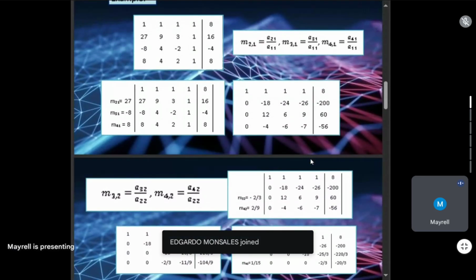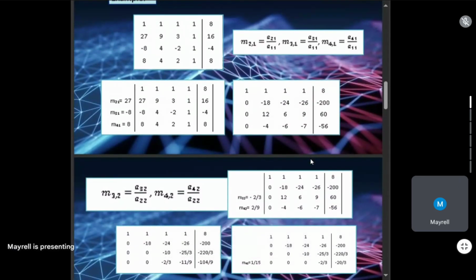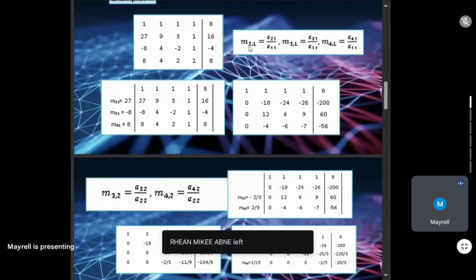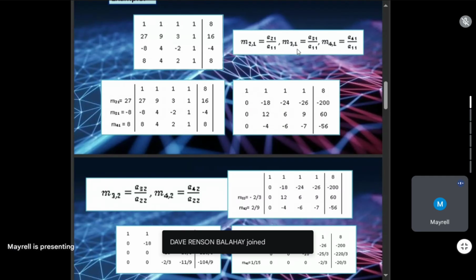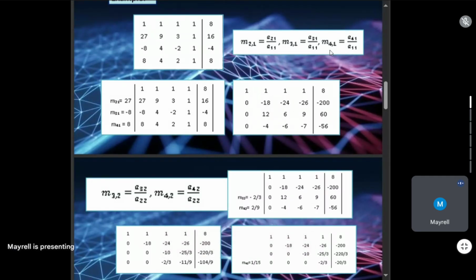So what we will do, first, we need to have our M, which we will use to solve later. So we have our M21, which we will be using in row 2, and M31, we'll use that in row 3, and M41 for row 4.